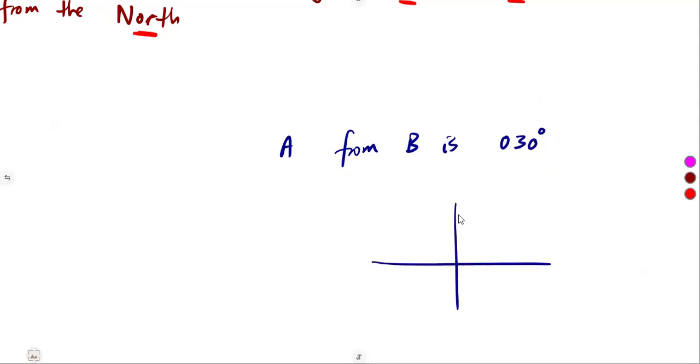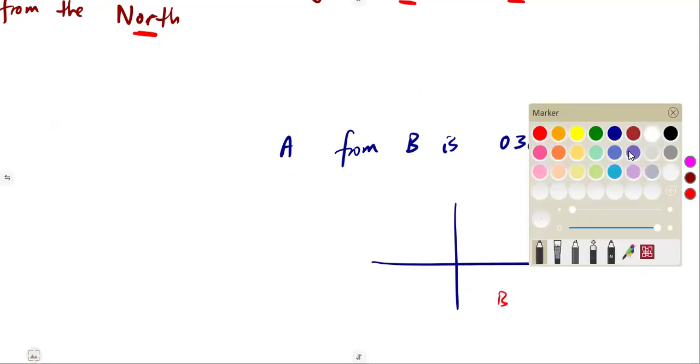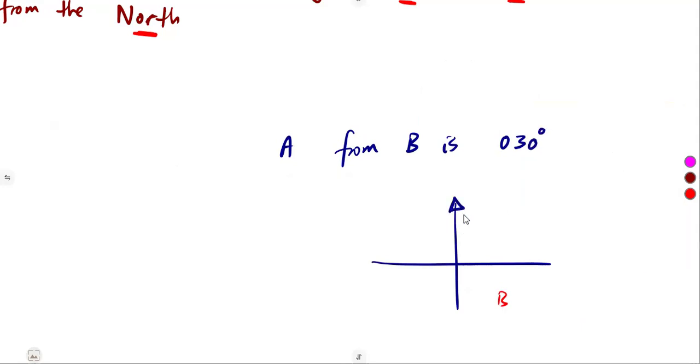From B. So from our North Pole that we have here, where are we going to have the angle? 30 degrees from the north in a clockwise direction. 30 degrees is less than 90, because this is 0, this is 90. So we're going to find it somewhere there.